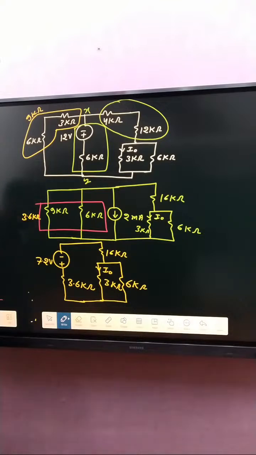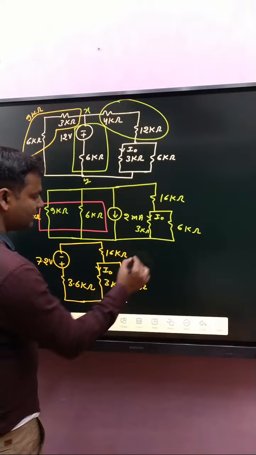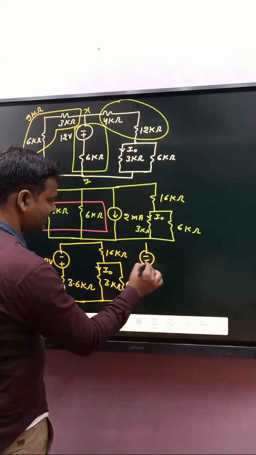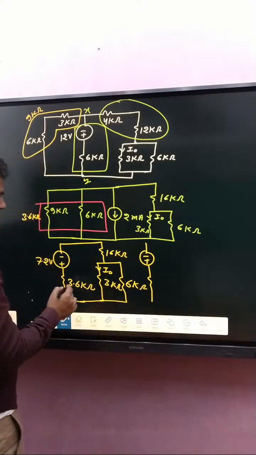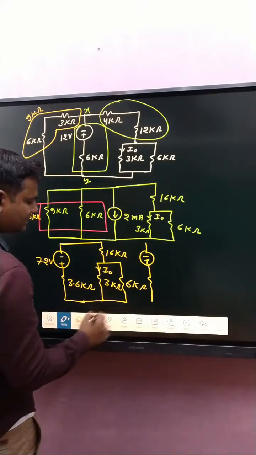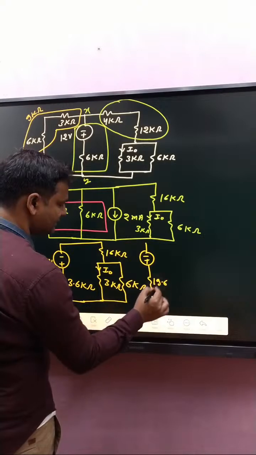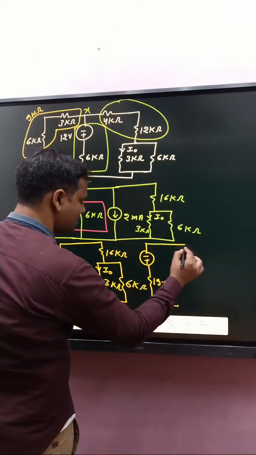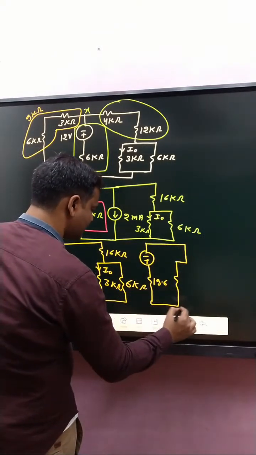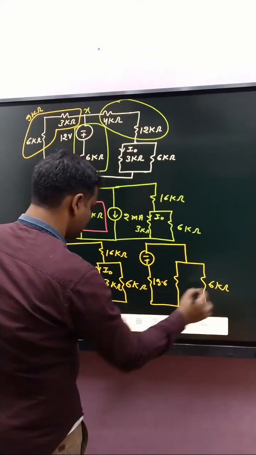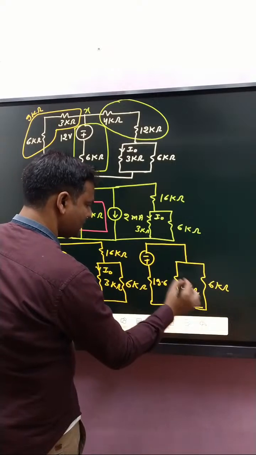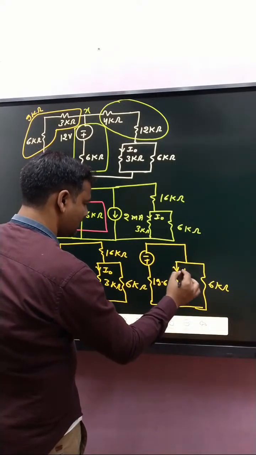Okay, now 3.6 and 16, that is how much? 19.6. So that one is minus, here plus. After that, 3.6 and 16, that is 19.6. Okay, and that one is 6 kilo ohm, and here 3 kilo ohm. Okay, here what about I naught?